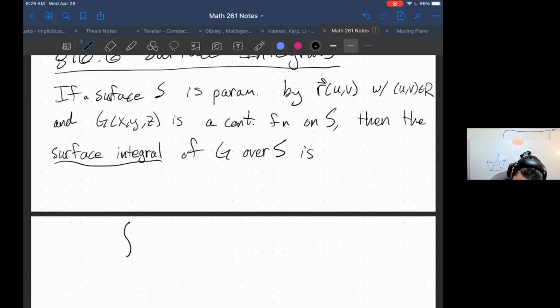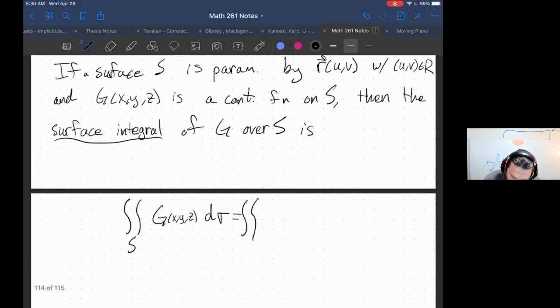I'll write it out on the next page. So again, it's a double integral of G of x, y, z. Writing variables here might not be the best thing, but oh well. So in its abstract notion, this is what you would write down. If we were looking to compute this, we want this in terms of u, v, whatever we have our surface parameterized by.